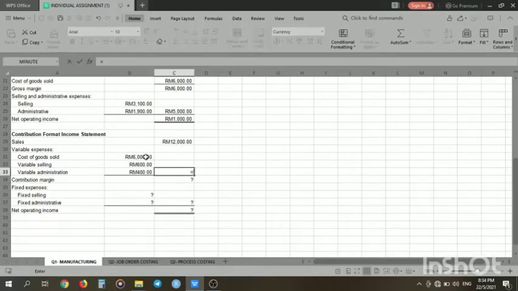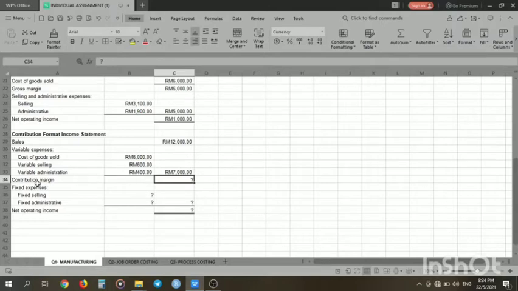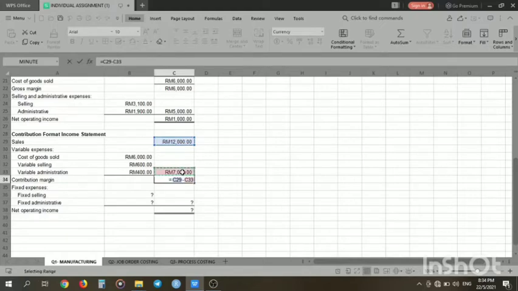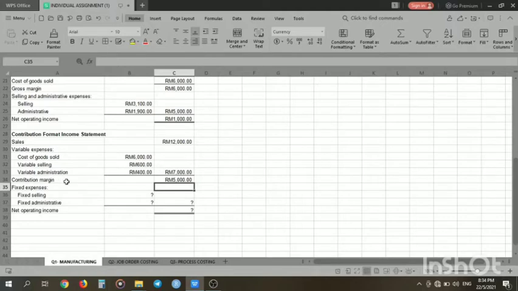The total of variable expenses is cost of goods sold plus 600 ringgit for variable selling plus variable administration. Contribution margin is 12,000 ringgit minus variable expenses, and we get 5,000 ringgit for contribution margin.